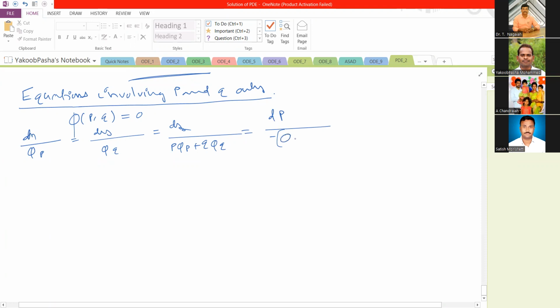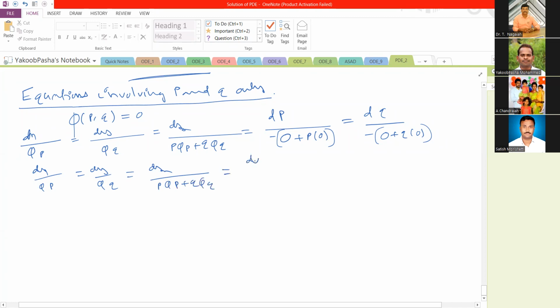Fx term is 0 plus p into fz term is also 0. So dq by minus fy. Fy term 0, q into fz term also 0. So the equation is the same. Dx by phi p is equal to dy by phi q is equal to dz by p phi p plus q phi q is equal to dp by 0, dq by 0.